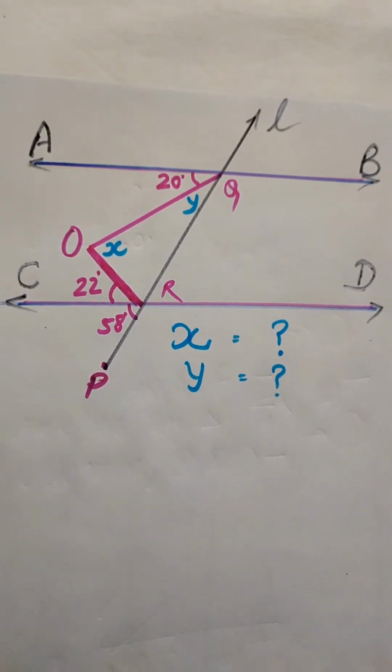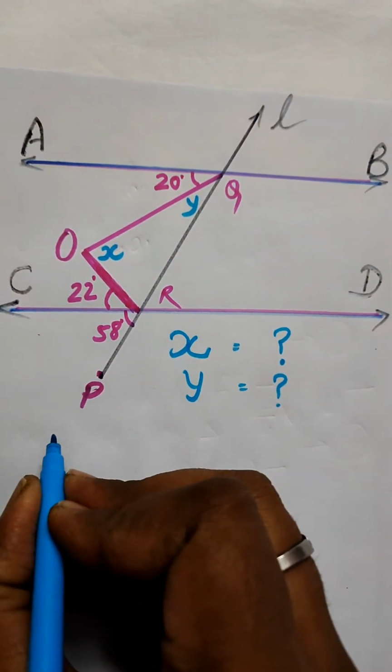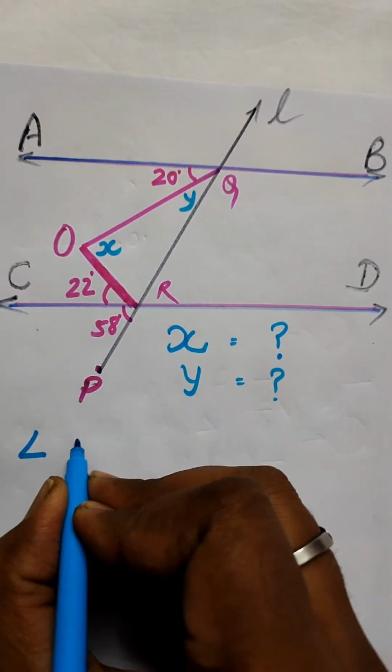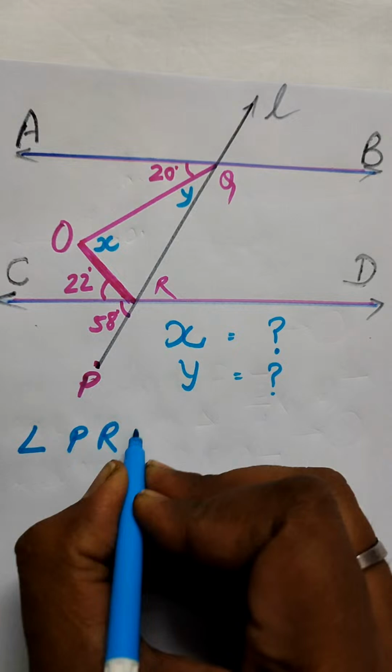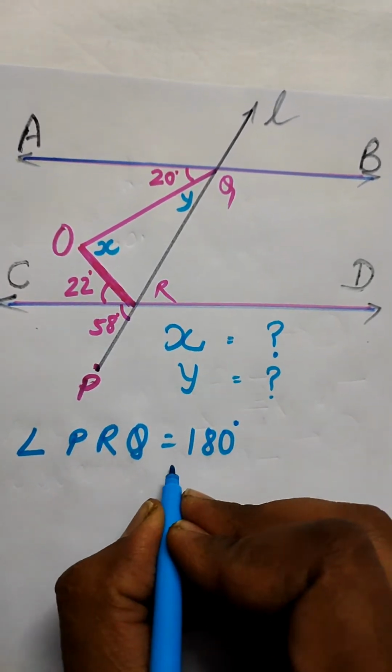So just try to solve it. How are we doing it? See here. We can say that angle PRQ is equal to 180 degrees, right?